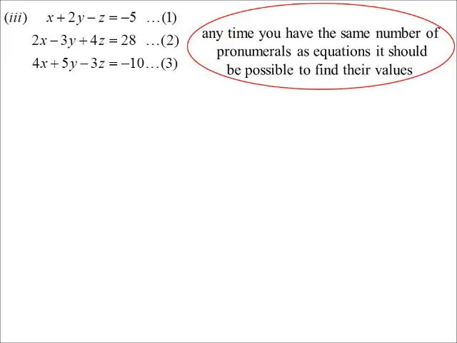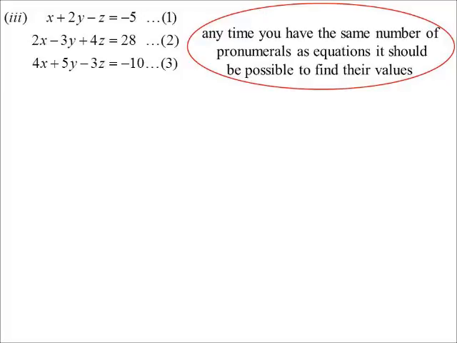Let's have some fun. There's no reason why we have to restrict ourselves to 2 pronumerals and 2 equations. Any time you have the same number of equations as, or more than, the number of pronumerals, as long as one's not simply a multiple of the other, you should be able to find the values of those pronumerals.